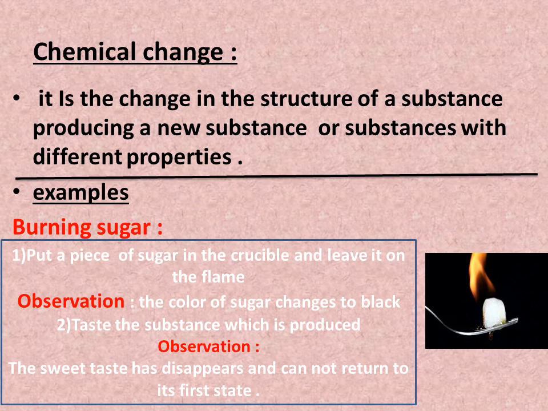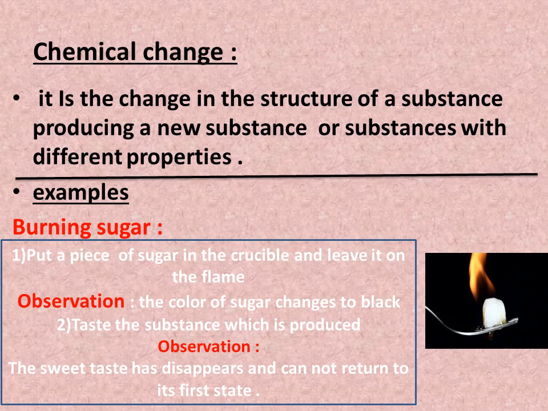The second type of change is chemical changes. What's a chemical change? It's the change in the structure of a substance producing a new substance or substances with different properties.